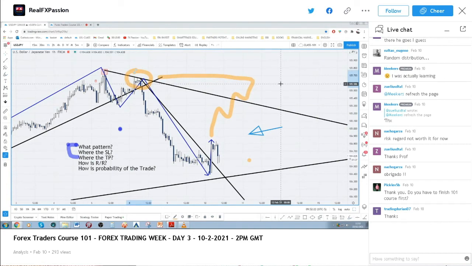Make sense? So before we enter a trade on the 5-minute chart, we need to address the 1-hour chart, and this is the 1-hour chart. See the difference, everybody?